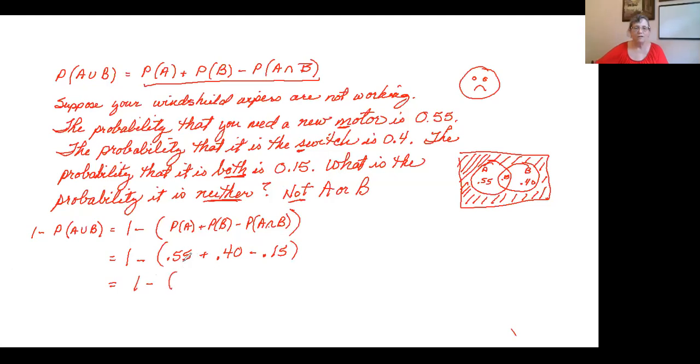So 1 minus, this is going to be 95 minus 15 leaves 80. Which is 0.80. The probability that it was one or the other was 0.80, 80%. So the probability it is not either one of those is 0.20, and this is what we're looking for.